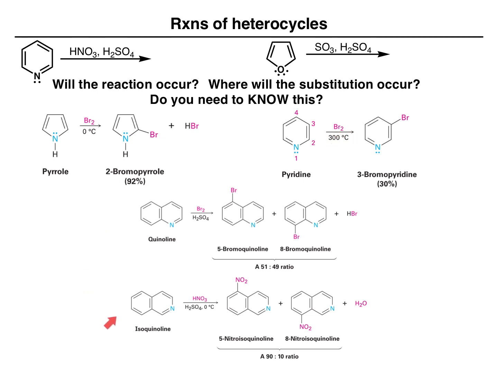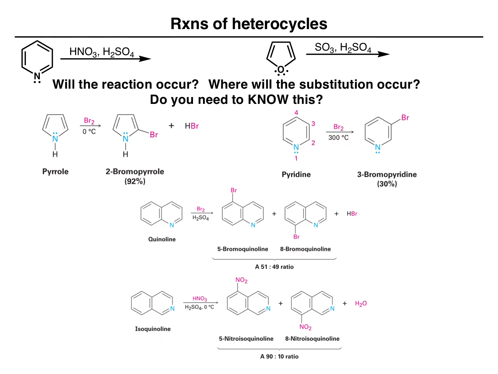Here we have a comparison of the bromination of two bicyclic heterocycles, quinoline and isoquinoline. And in the case of bromination of quinoline, the substitution occurs at this position and this position. So notice it occurs on the benzene ring, not on the pyridine-like ring, which shouldn't be so surprising since we just saw that pyridine is not extremely reactive.